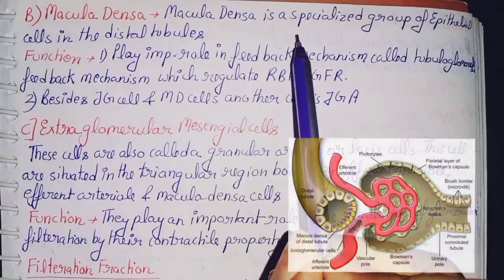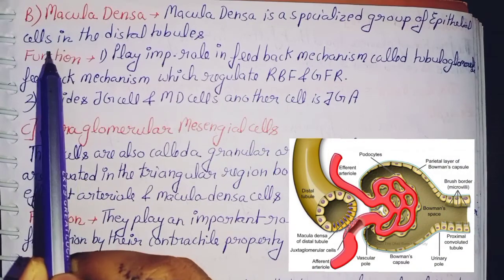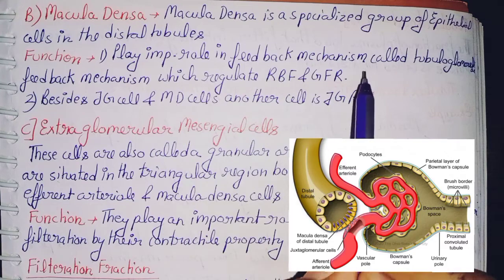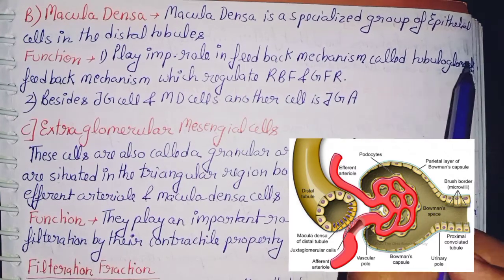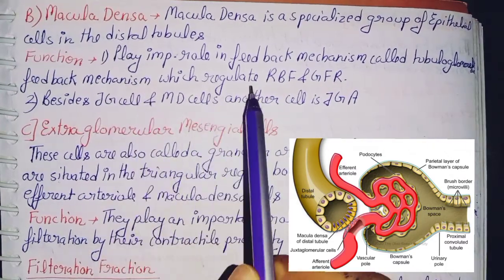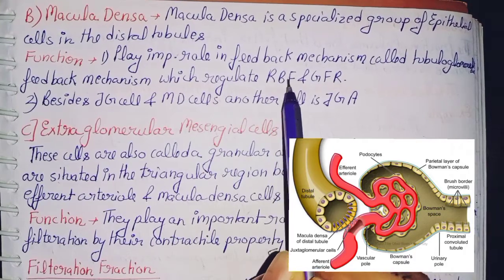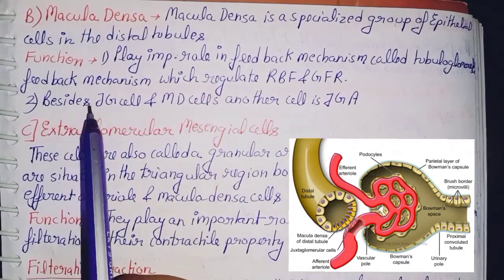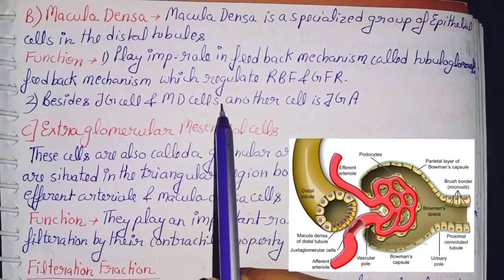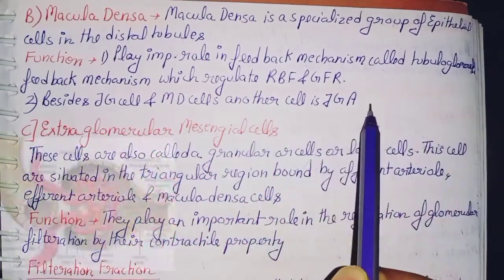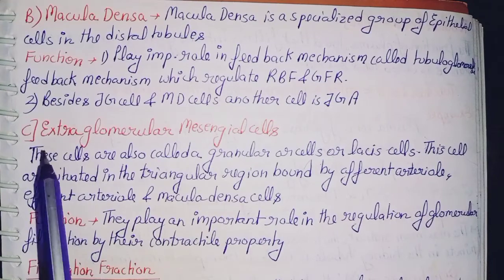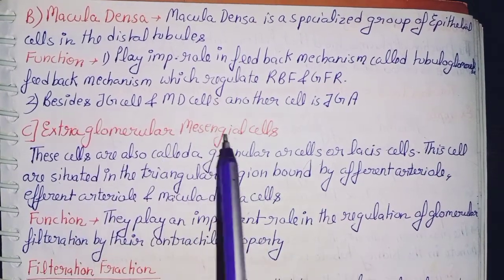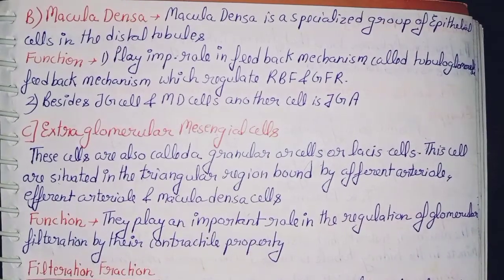Coming to the macula densa. The macula densa is a specialized group of epithelial cells in the distal tubule, and its function is to play an important role in the feedback mechanism called the tubuloglomerular feedback mechanism, and it will regulate the renal blood flow along with GFR. Besides JG cells and macula densa cells, there is another component of the JGA, that is extraglomerular mesangial cells.